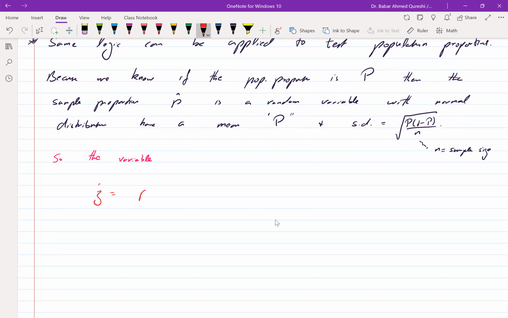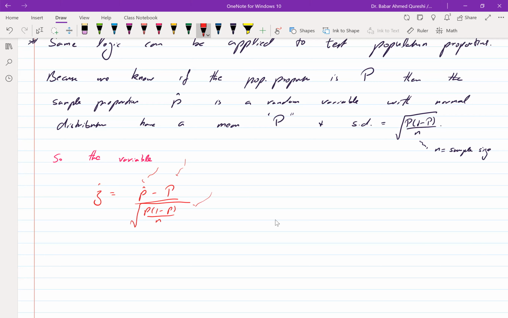Because of these properties, if you're told that a certain variable is normally distributed, like we know that this p hat is normally distributed, and you know its mean and its standard deviation, you can define a variable which will have a standard normal distribution.